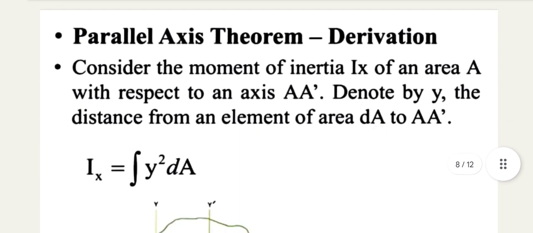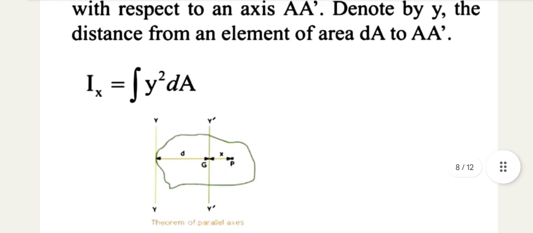Next, parallel axis theorem, that is the derivation. Consider the moment of inertia Ix of an area A with respect to an axis AA dash. Denote by y the distance from an element of area dA to AA dash. Ix is equal to integral y square dA.